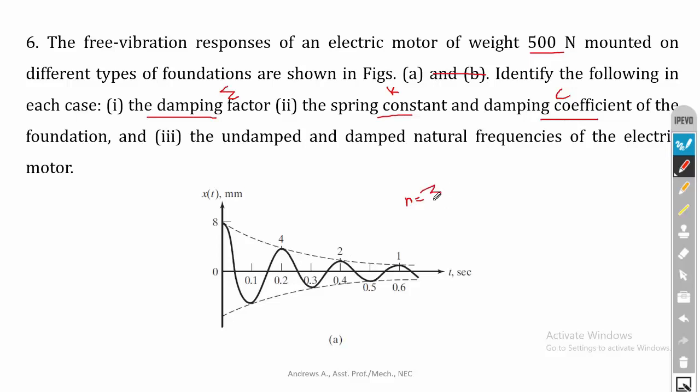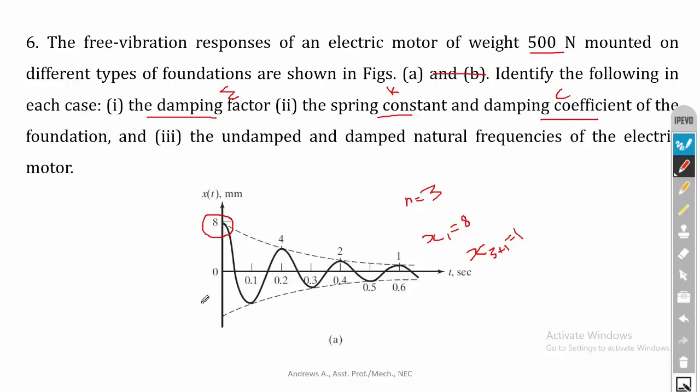So the number of cycles is 3. The amplitude at the first point, x1, is equal to 8 mm. And the amplitude at the end of the third cycle, x3 plus 1, is 1 mm.